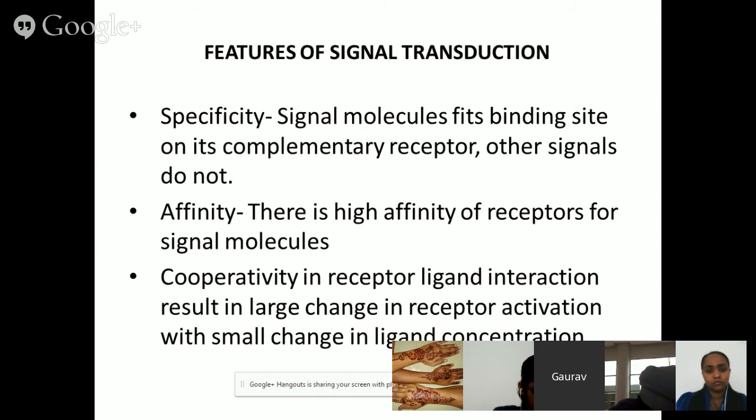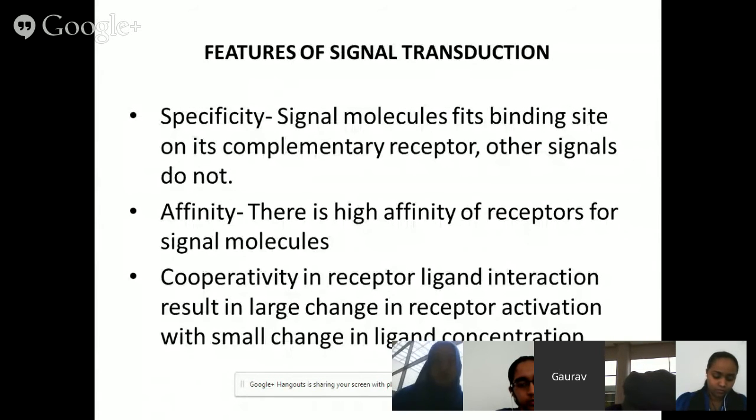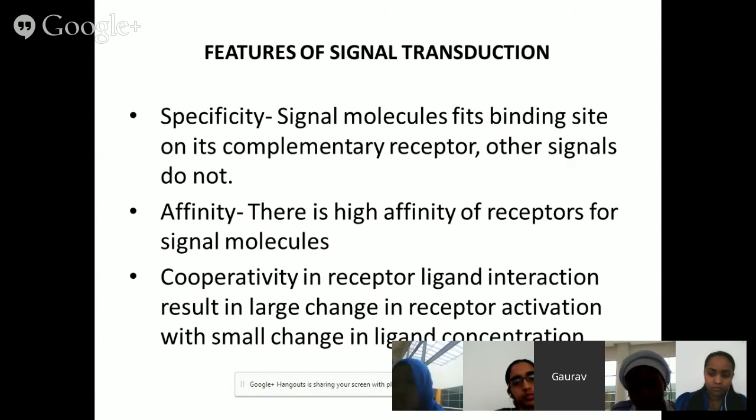There are three specific features of signal transduction. First is specificity. As we discussed in our earlier slide, each and every molecule has a particular receptor where it binds. Next, affinity. Affinity is the interaction between the receptors and chemical messengers, a strong or finely balanced interaction between a receptor and a signal molecule.